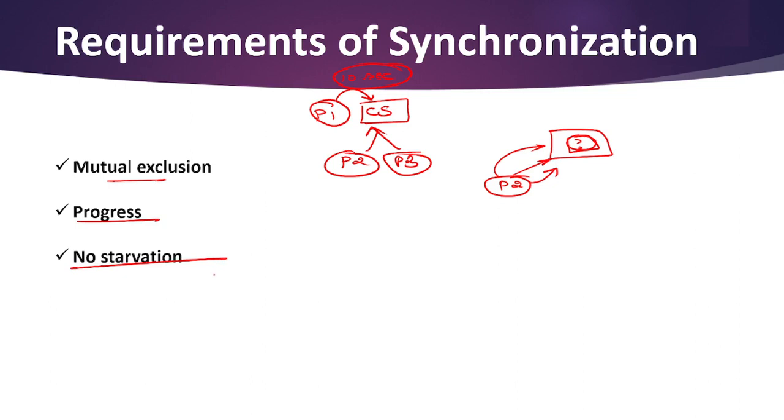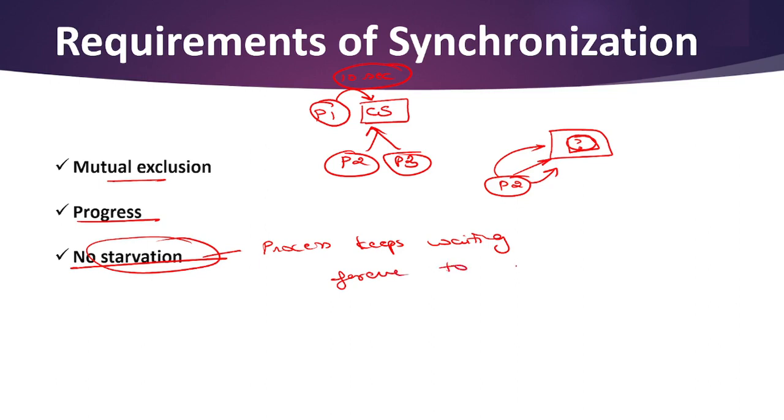Next is no starvation. So starvation means what? Starvation means a process keeps waiting forever to access the critical section.